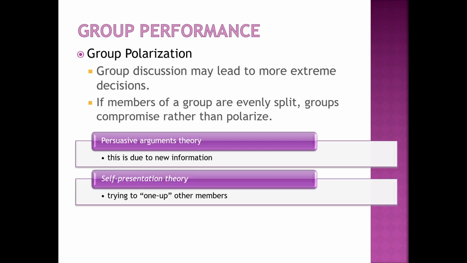Now, self-presentation theory talks about why polarization happens when you have uneven numbers. Polarization happens because a lot of times we're trying to one-up the other side's arguments. So if I know that I have the numbers behind me, and you've tried to make a really good case for why the bake sale makes more sense, but you're in the minority, I may come up with a very quick retort to explain why that benefit you just said is not really a benefit, or that my idea is actually way better.